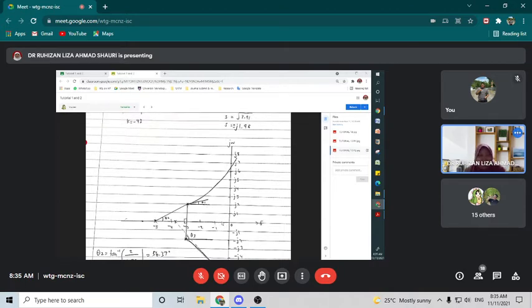Can you see? If you have a zero there, use rule number 3, left, right. So there would be ways to decide which pole would go to which zero based on the rules.